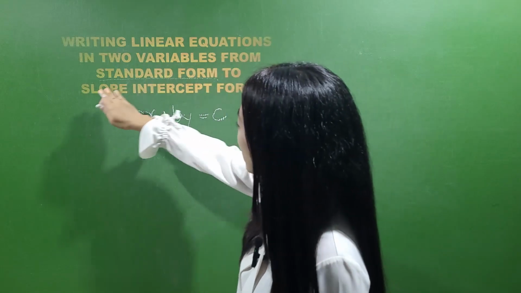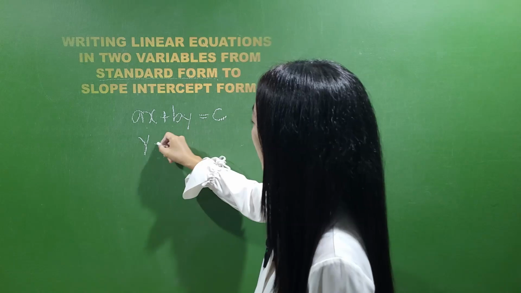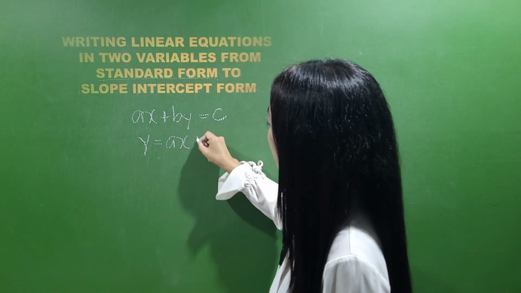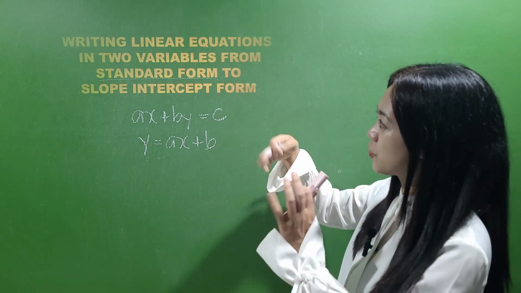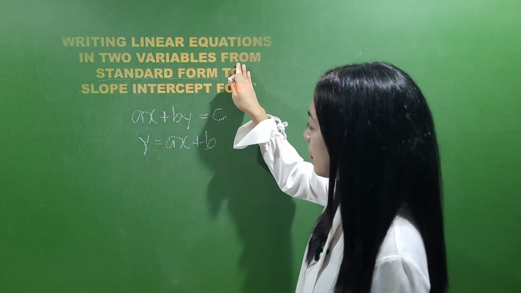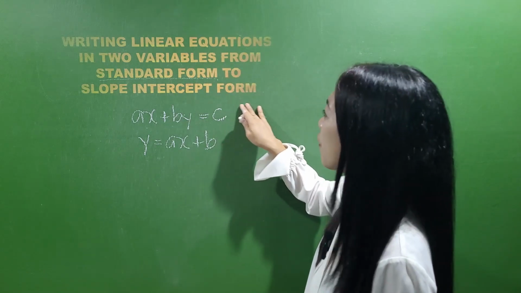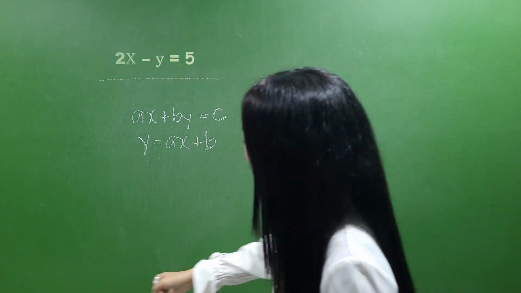A linear equation in slope-intercept form is in the form y is equal to ax plus b. In this lesson, I will be showing how we write a linear equation in two variables from standard form into slope-intercept form. Let's give an example.